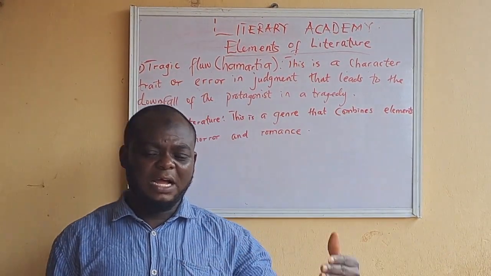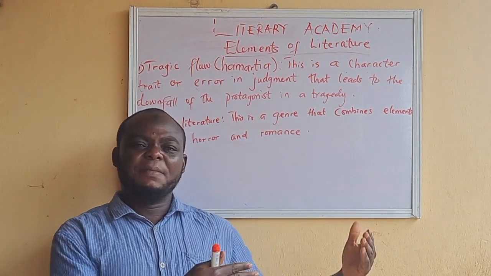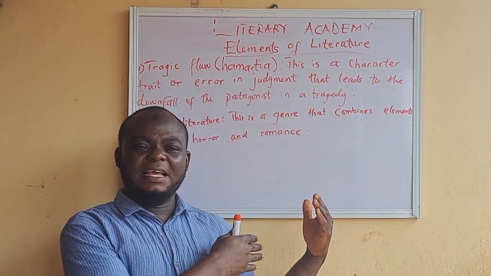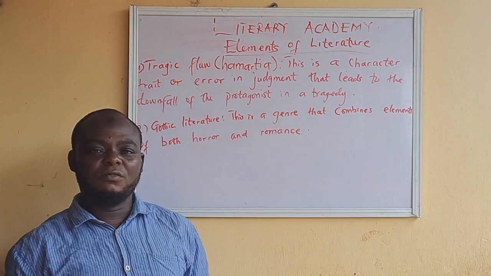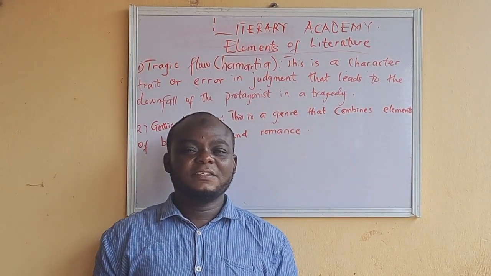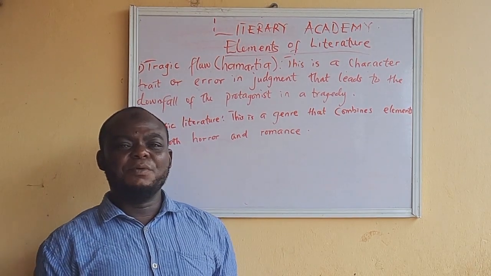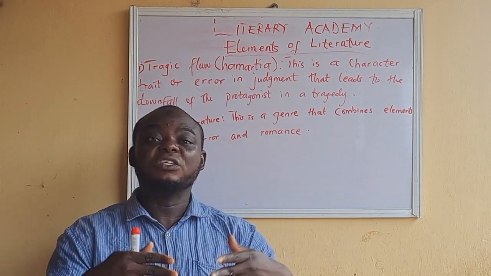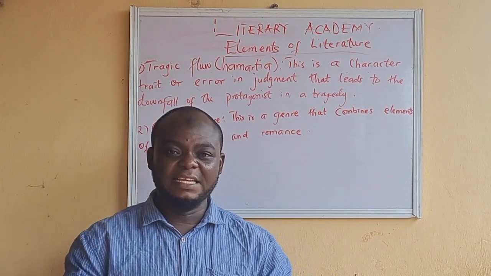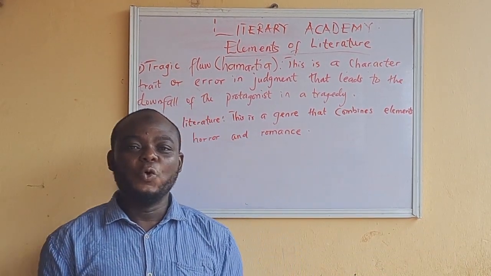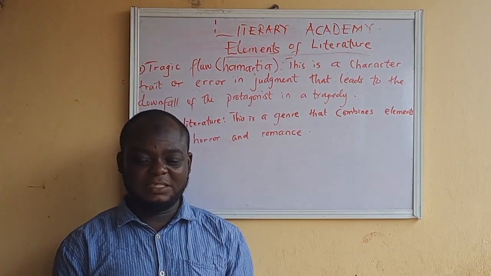Now, let's take a look at some behavior that can be exhibited by a protagonist in a work of art that will lead to their downfall. For instance, a protagonist that puts up a behavior that people did not want in society, that people did not want in the play. That behavior may lead to his downfall. Let's take, for instance, excessive pride.